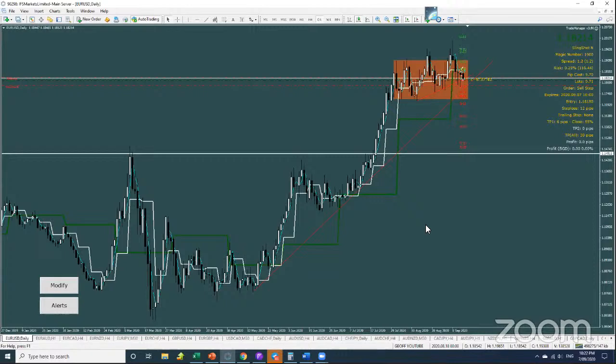If we manage to break with all of that, I think we could have a 50 move to the downside, at least to retest the 115, the previous highs, that white line that you just drew there.